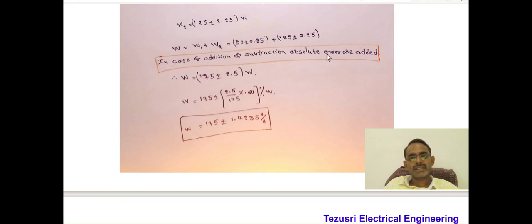That means we get 175, that is 125 plus 50, plus or minus 0.25 plus 2.25, which is 2.5 watts. Total power W equals 175 plus or minus 2.5 watts. In percentage, we get 2.5 by total power 175, into 100. That means 1.4285% error. Thank you.